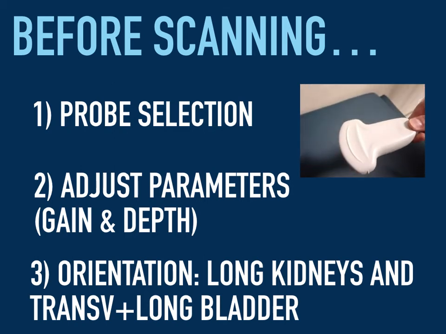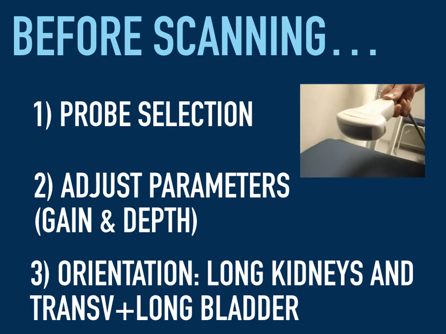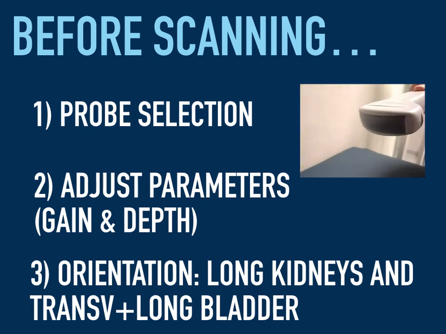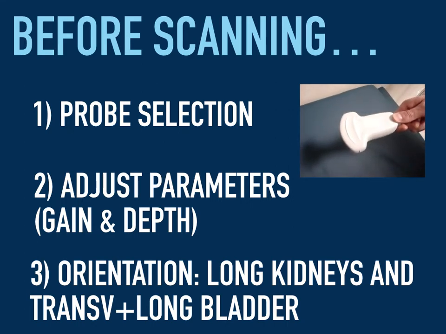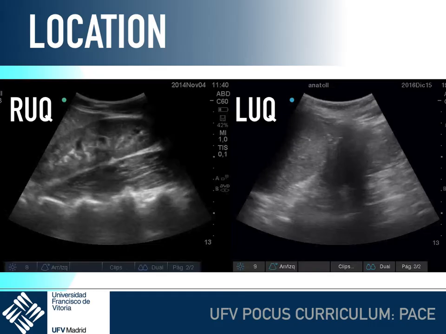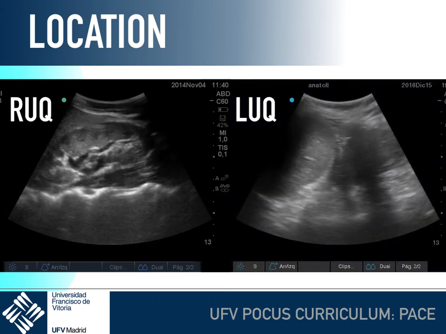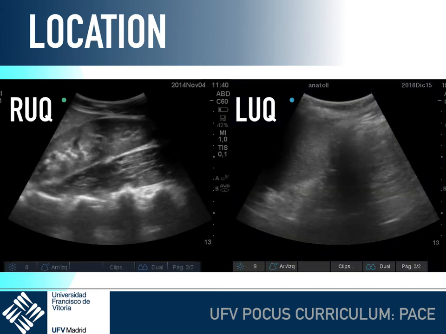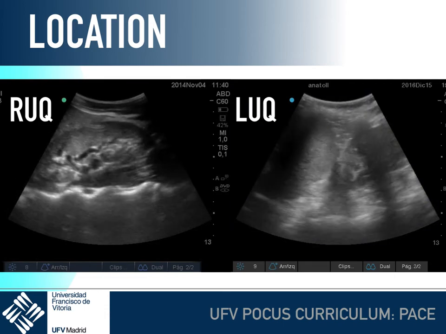So we need to go to the long axis of the kidneys, checking the point of the Douglas cul-de-sac in its relationship with the bladder. The location: right upper quadrant, left upper quadrant. So the relationship between the right kidney and liver and the left kidney and spleen.